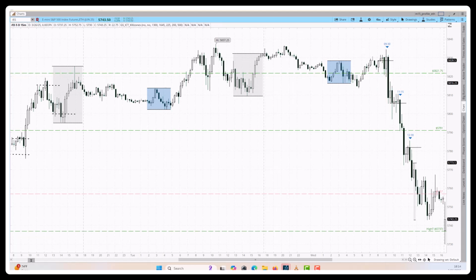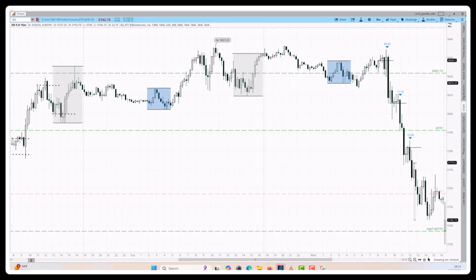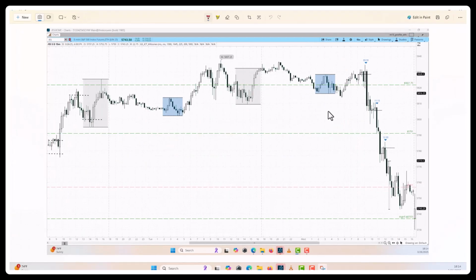Take a screenshot and do some annotation on that. So we have a setup right here. A real breakout for that matter, a real breakout right there.